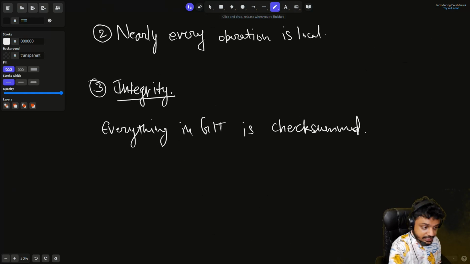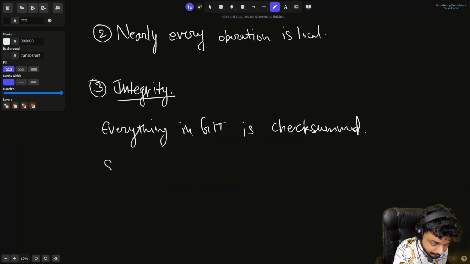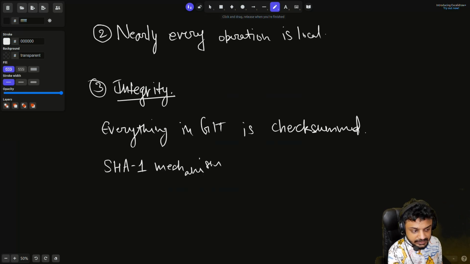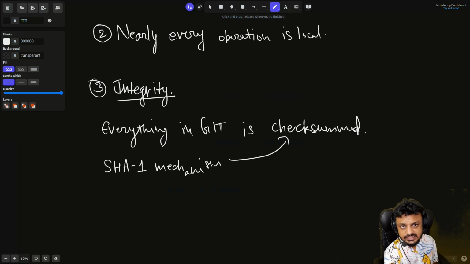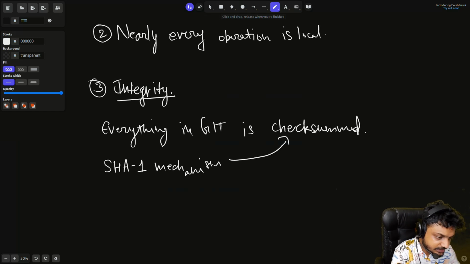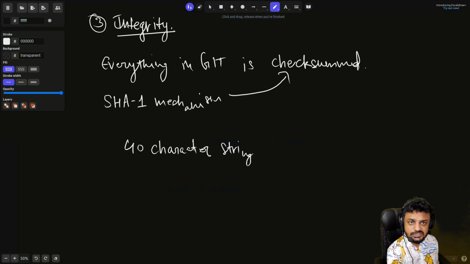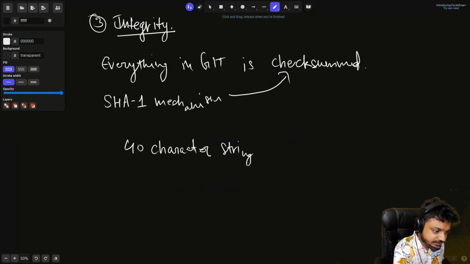Now Git uses the SHA-1 mechanism for checksumming, right? And this SHA-1 is just a 40 character string composed of hexadecimal characters.